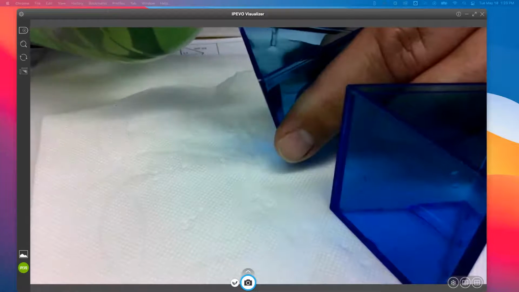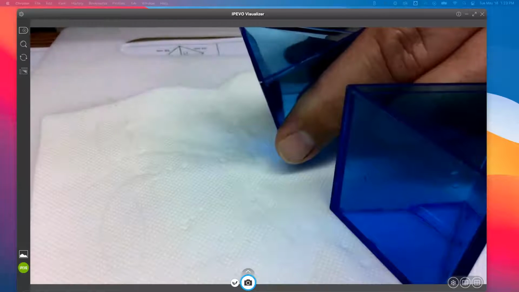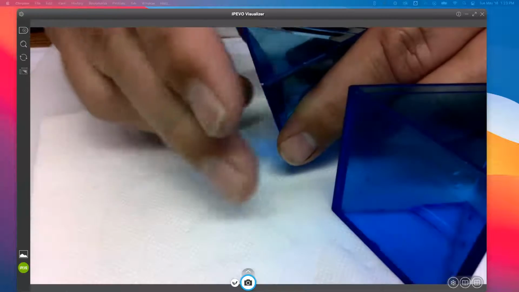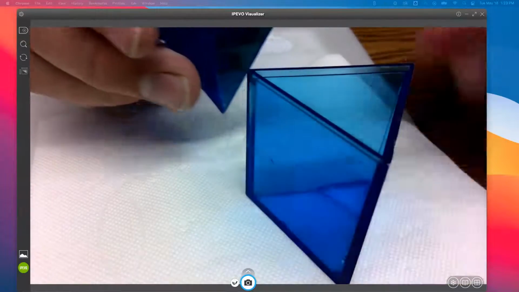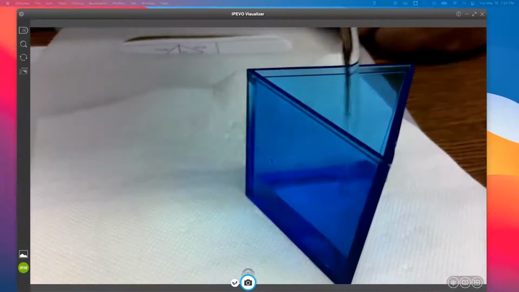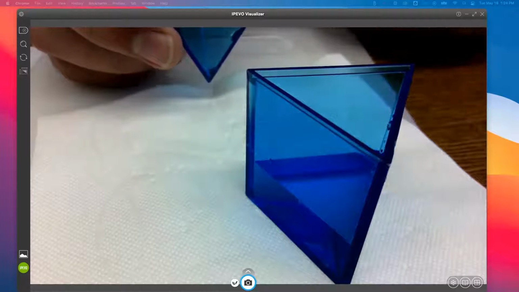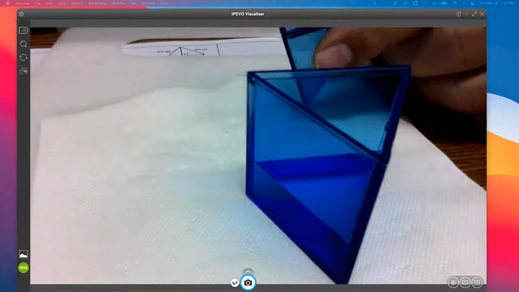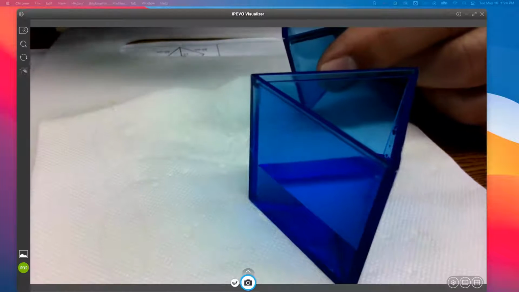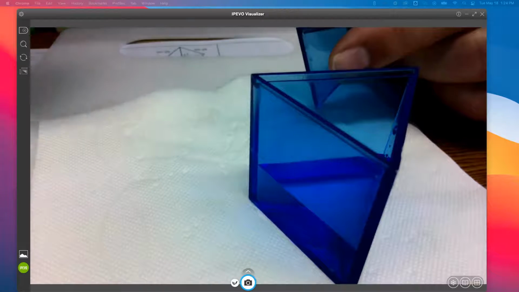Let's see. So I'm going to fill this up with 1. What do you think? Looks like 3, maybe 4.